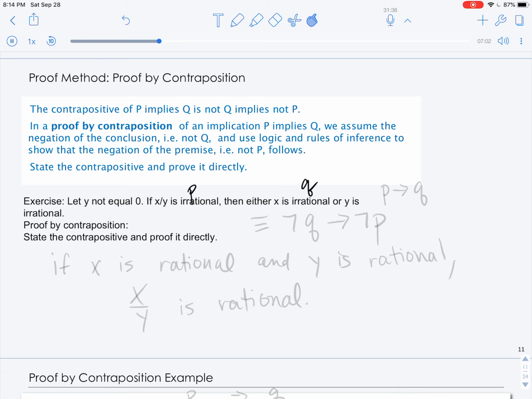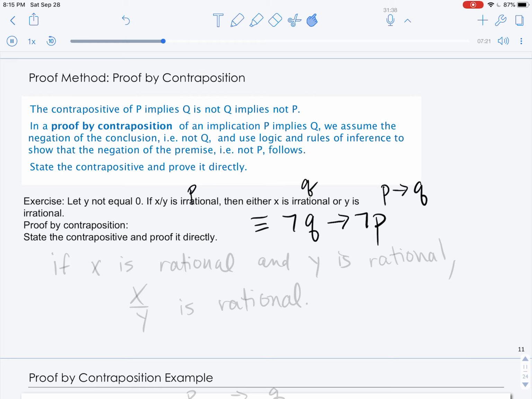So the first thing that we want to do is remind ourselves that we want to take the contrapositive. So that's going to be not Q implies not P. In this example, our conclusion is x is irrational or y is irrational.